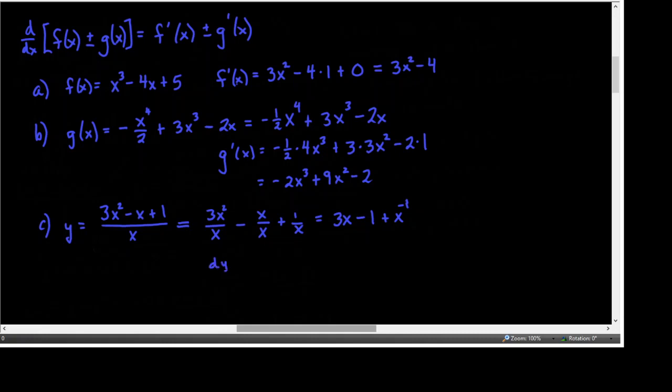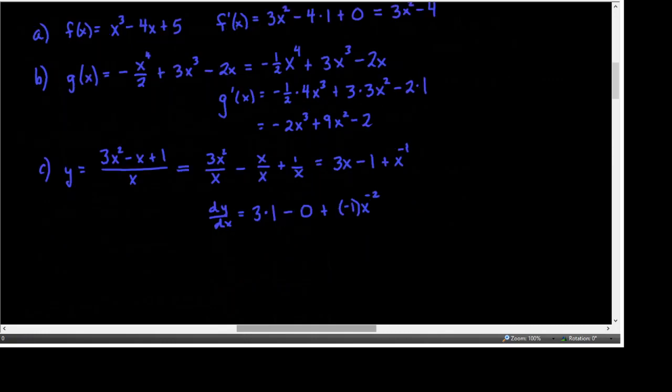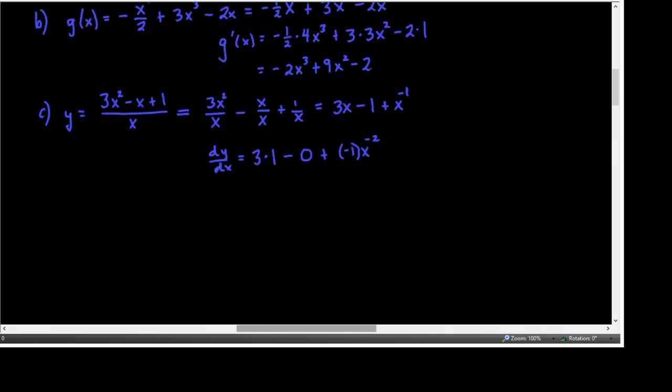So the derivative is going to be the constant 3 times the derivative of the function x, which is 1, minus the derivative of a constant, which is 0, plus, take the power down in front, negative 1, times x to the reduced by 1 power, that's a negative 2, and then simplify your answer, and that will simplify to be 3 minus 1 over x squared.